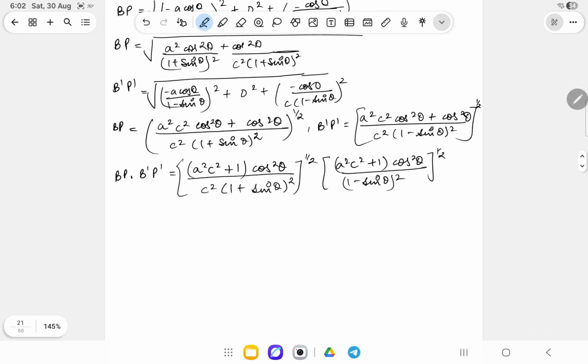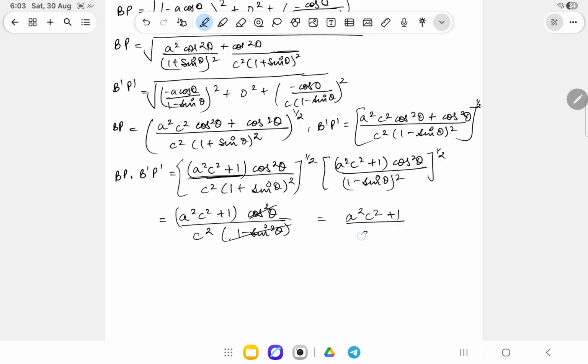So which is basically equals to a square c square plus 1. From here I am taking a square c square plus 1 under root common, so that will give me a square c square plus 1 into cos square theta upon c square into 1 minus sin square theta, that is basically cos square theta. So I got the relation as a square c square plus 1 upon c square.